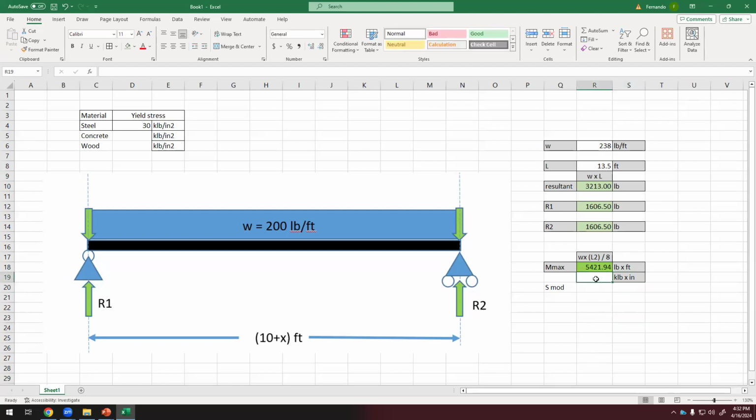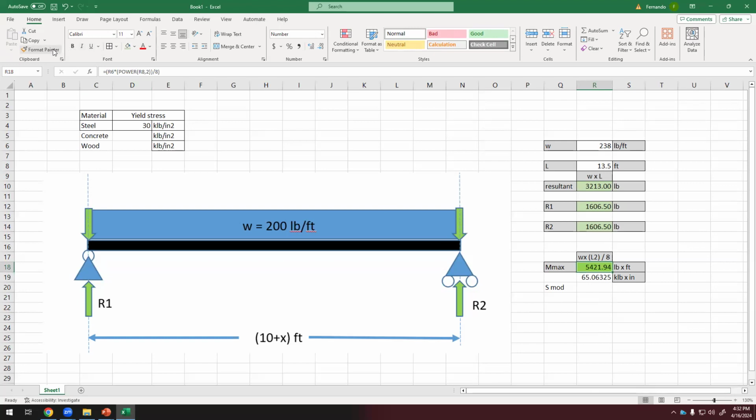I have to type equals, then the maximum bending moment, that cell. And I have to multiply times 12 inches per foot, and divide by 1,000 because I have to turn pounds into kilopounds. So I do this, and this is 65.